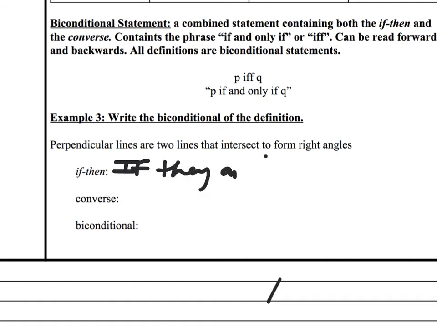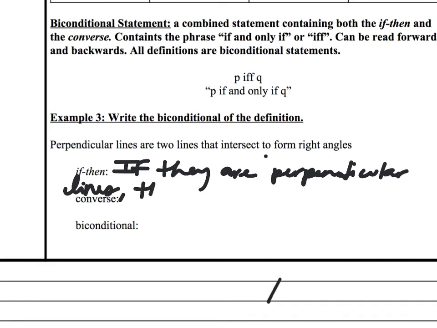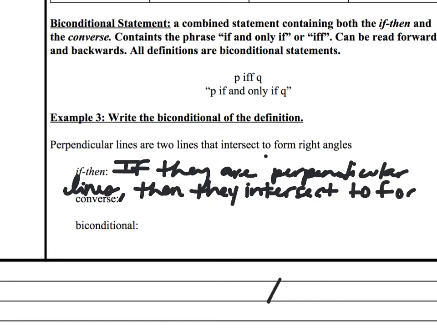If they are perpendicular lines, then they intersect to form right angles.